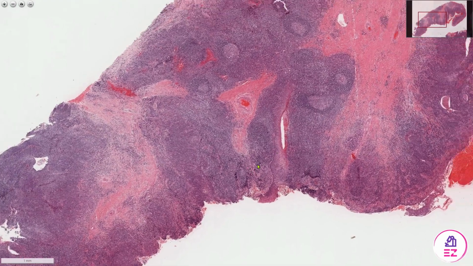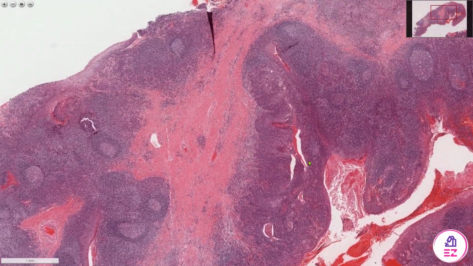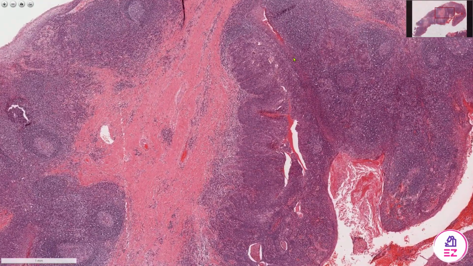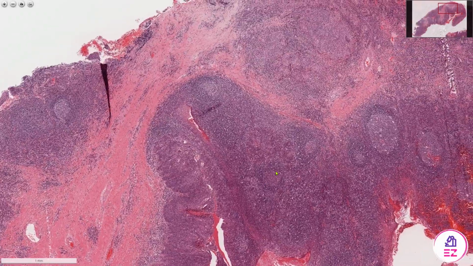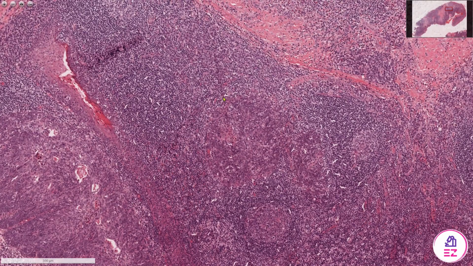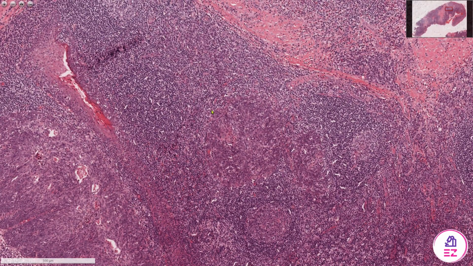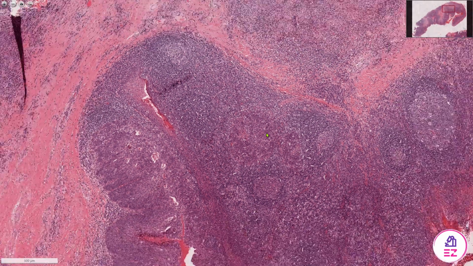If I come along further in this direction, we can see that this tonsillar crypt is severely dysplastic. And then within the deeper connective tissue, I'm seeing further islands of carcinoma.